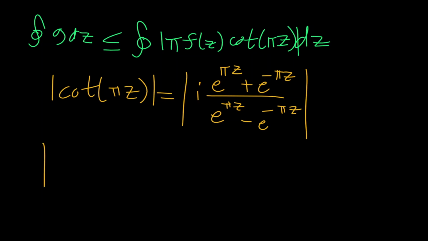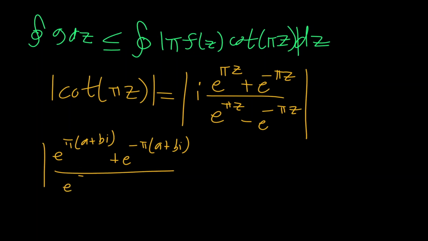But as said earlier, we can make z this a plus bi. So really what we have is, I can drop the i because based off the absolute value, we can say this is now e to the pi (a plus bi) plus e to the minus pi (a plus bi), divided by e to the plus pi (a plus bi) minus e to the minus pi (a plus bi). And by the triangle inequality, since this is an absolute value after all, we know that this is going to be less than or equal to the absolute value of each part.